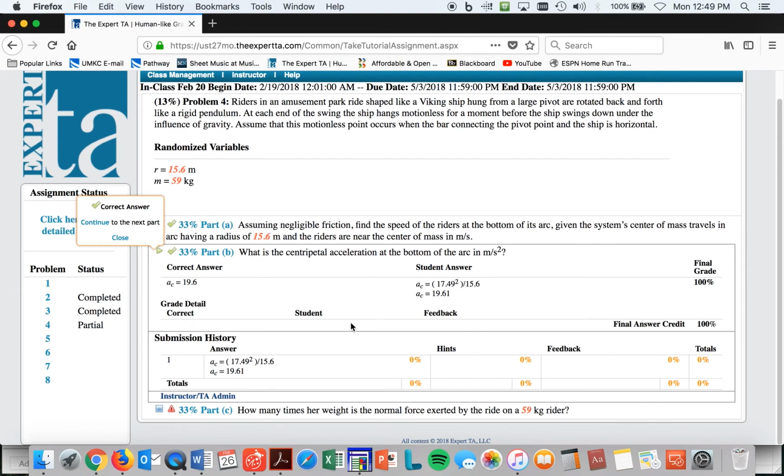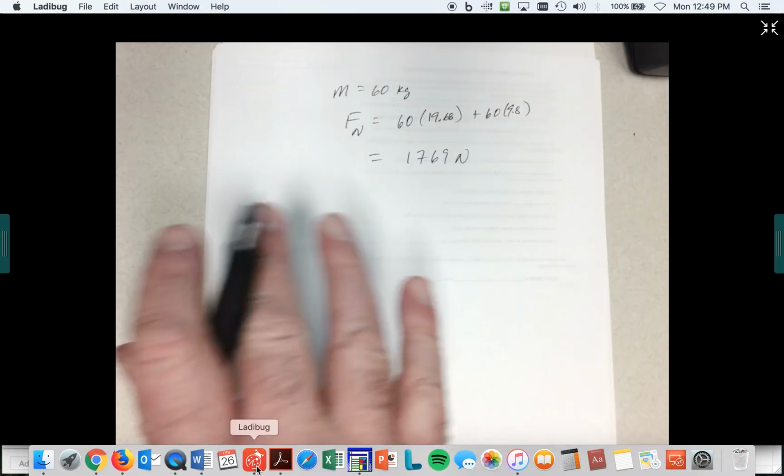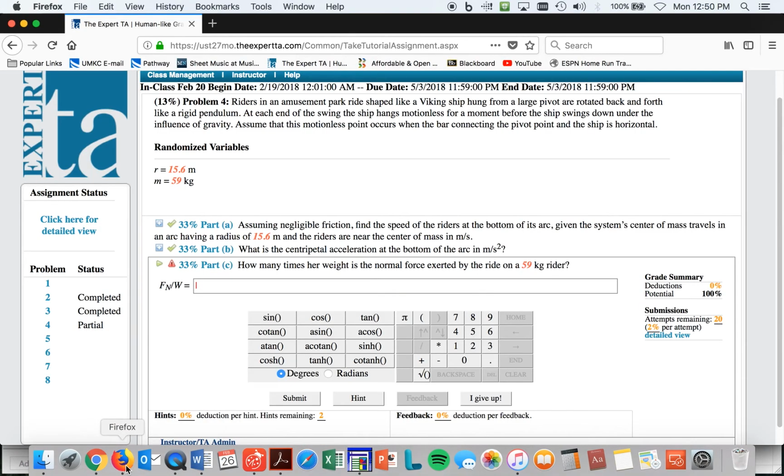19.61. How many times her weight is the normal force? So we take the normal force, which in this case, let's go back here. So for the new calculation, the normal force would be this. Whoop, sorry. Let me go back real quick. 59.